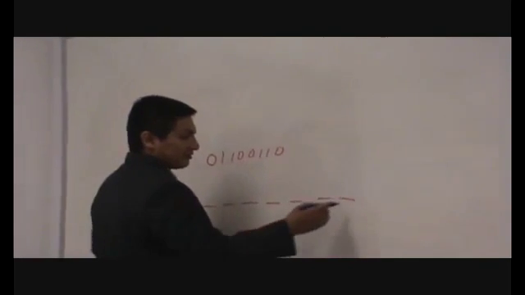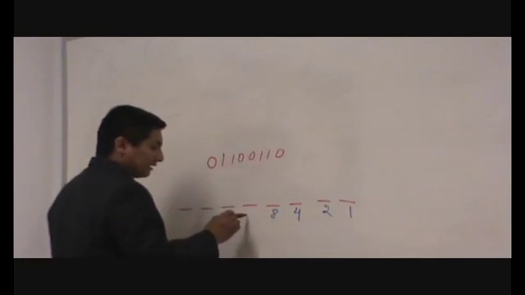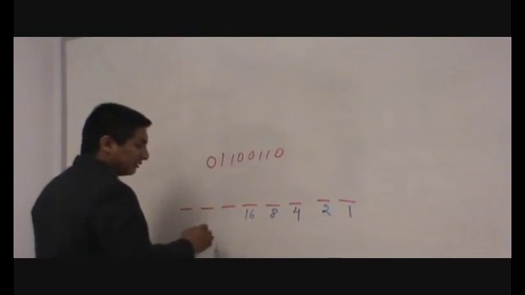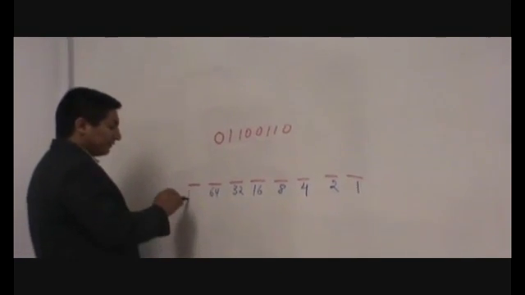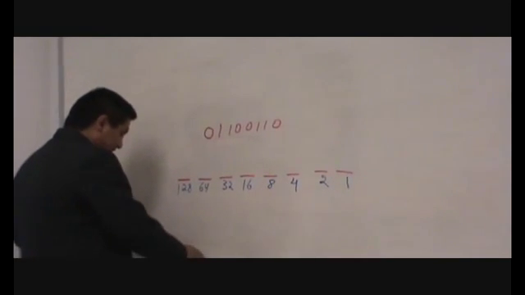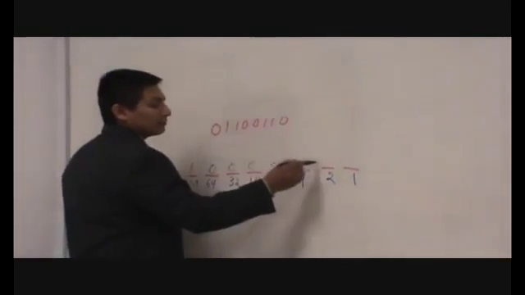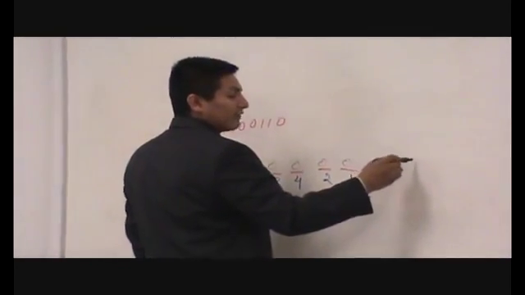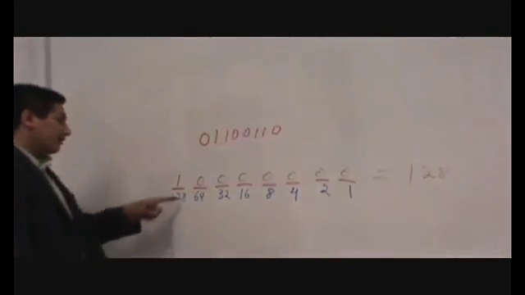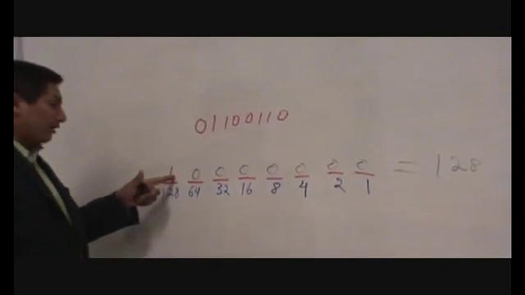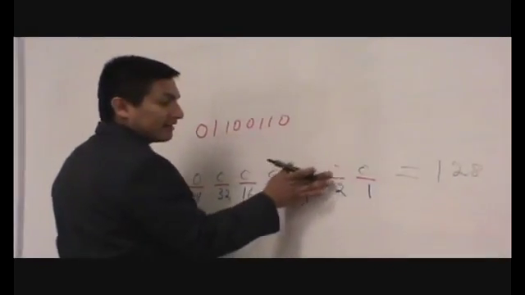The value of this position here is 1, this one is 2, this one is 4, this one is 8, this one is 16, this one is 32, this one is 64, and this one is 128. So if I have a binary 1 here, and all of these others are zeros, the total value of this binary byte is 128, because we only add the values that have a binary 1 and not the values that have a binary 0.